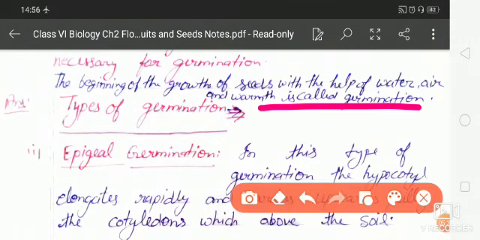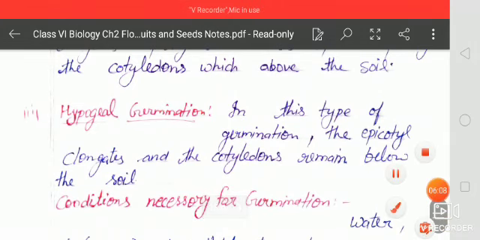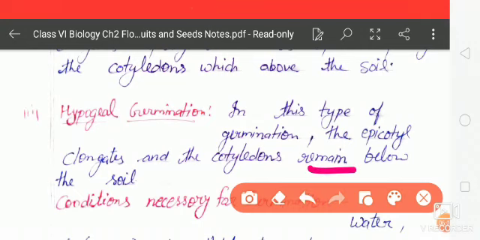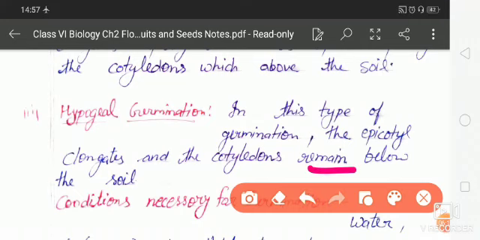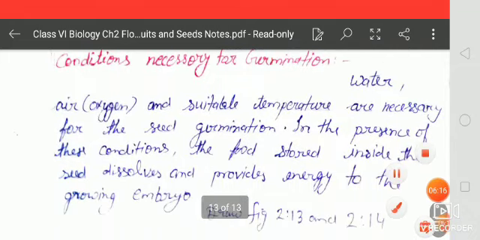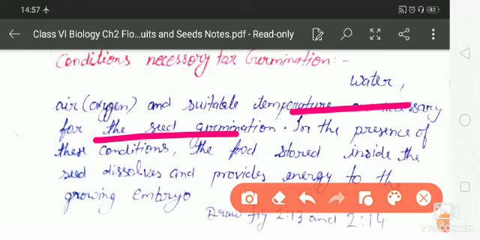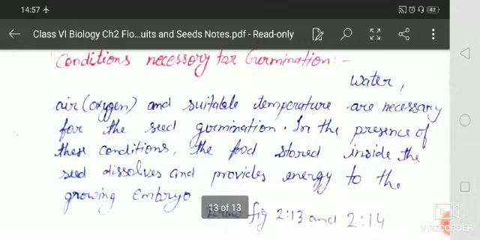And in hypogeal germination, the epicotyl elongates and the cotyledons remain below the soil. Next one is: what conditions are necessary for germination? So you know that water, air and suitable temperature, all these things are necessary for germination. In the presence of these conditions, a plant germinates.